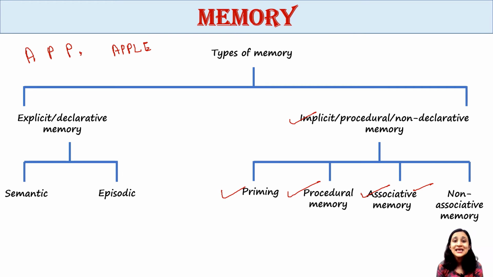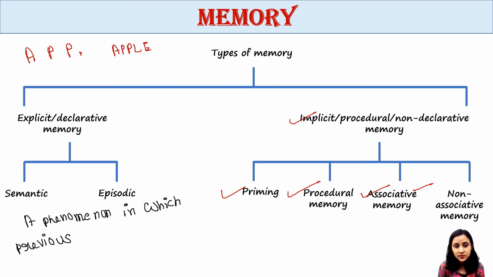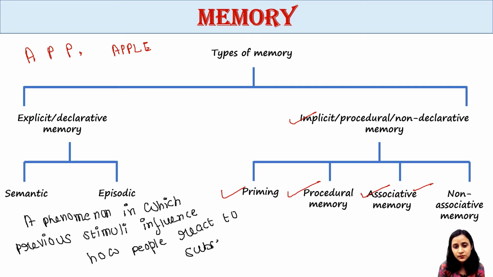So what is priming? It is a phenomena in which previous stimuli influence how people react to subsequent stimuli.